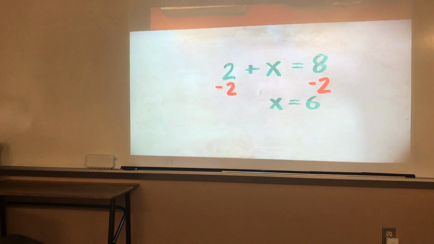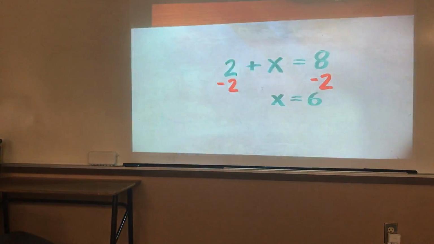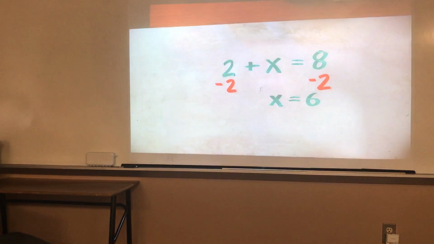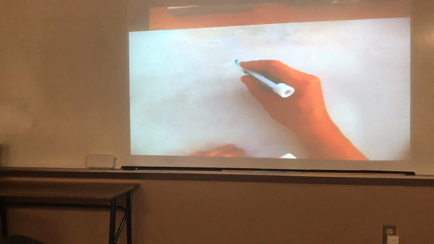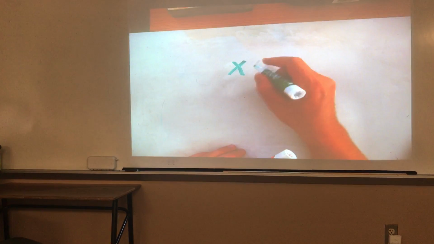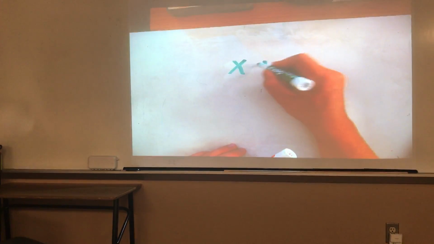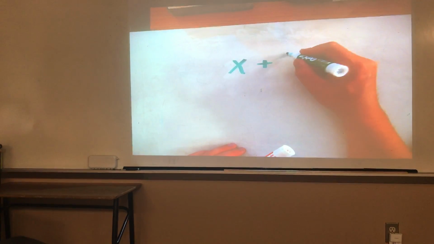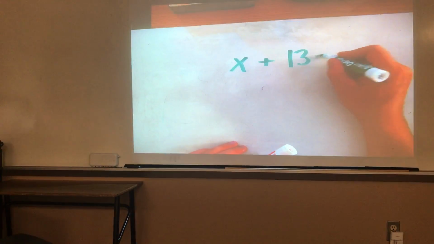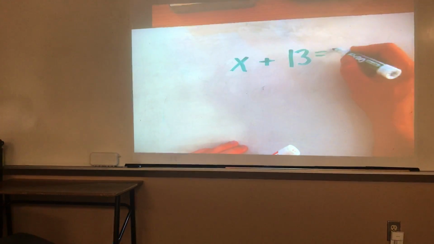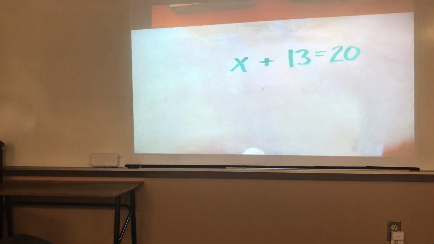Alright, we'll do one more and then we'll get into our two-step equations using manipulatives. So, x plus 13 equals 20.